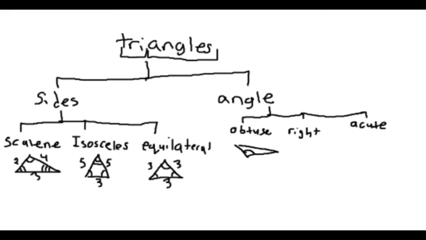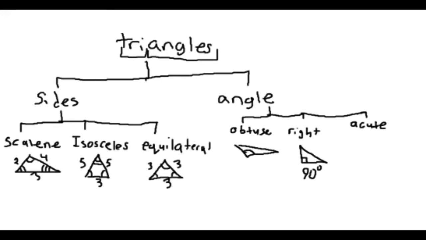So if you have one obtuse angle, then it's an obtuse triangle. A right triangle is a triangle that has one right angle. So all right triangles would be indicated with a box, as I said in the previous video, means there's a right angle. And again, just to reiterate, right angles are always 90 degrees, or also called perpendicular to each other.